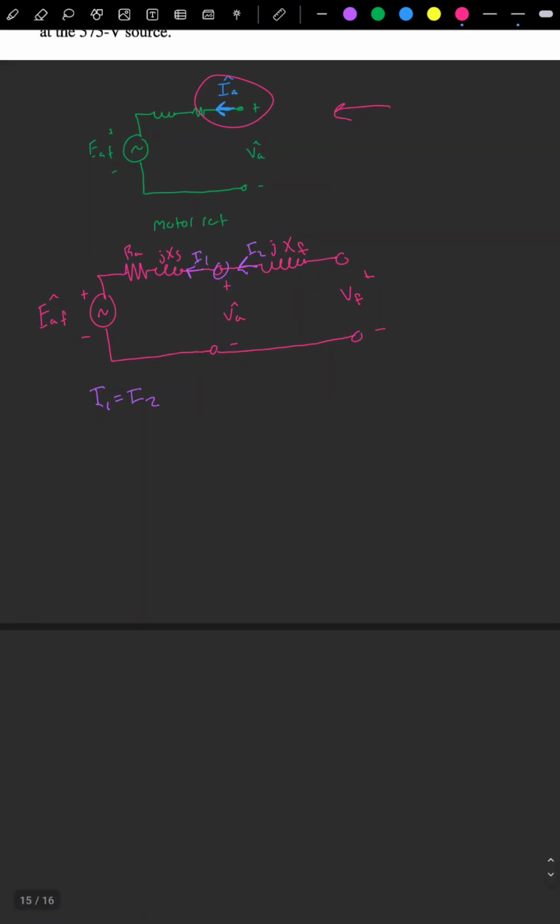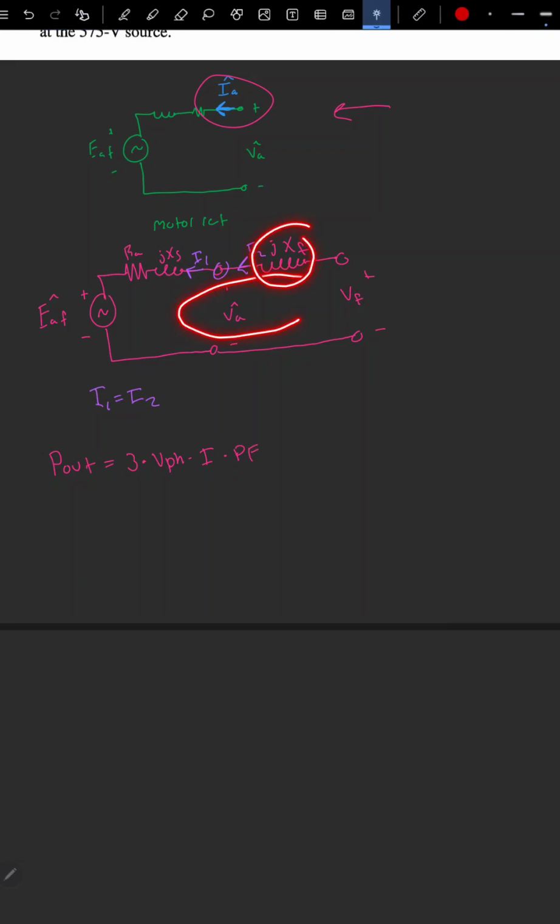Well, how did we get I last time? We took the output power, and we knew the phase, we didn't know the I, and we knew the power factor. Same thing. Why is it the same thing? It's because it's still an open circuit. We're just adding another impedance. So the impedance is going to change when we have to get to that point. But still, I is just 1.